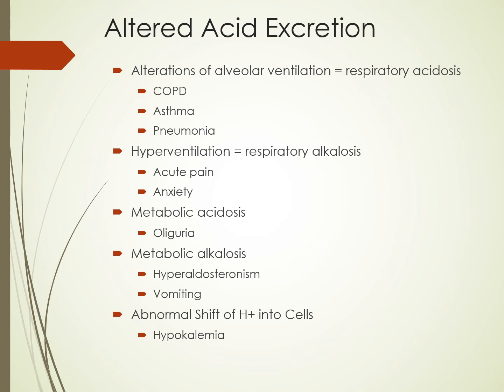Altered acid excretion occurs in alterations of alveolar ventilation, and this is called respiratory acidosis. This occurs in COPD, asthma, and pneumonia.